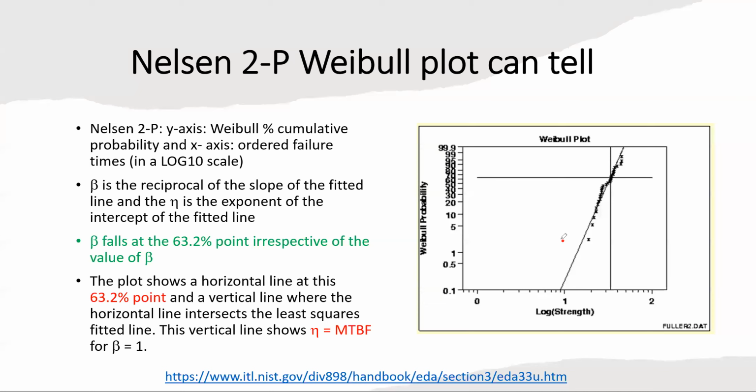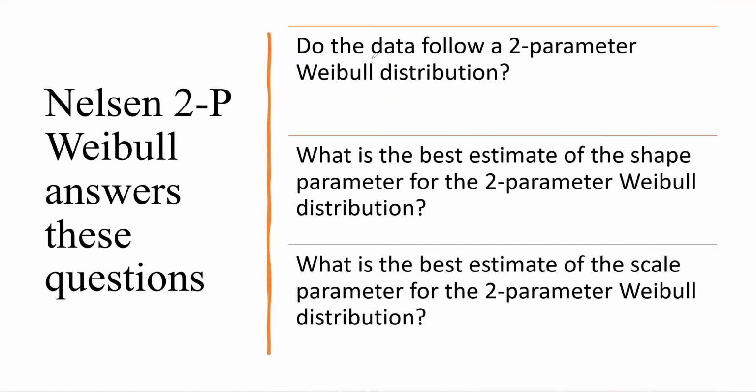If you see a data point here that is weird, then you know this fitting is not comprehending all the data, and something else is wrong. So this plot gives you a good tool to get your beta and eta. Once you plot this Nelson 2 parameter Weibull, the data answer these questions: do the data follow a 2 parameter Weibull, right?